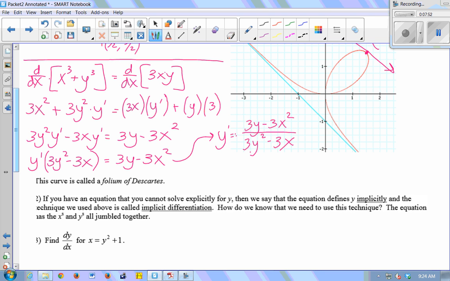So what I need to find the equation of the tangent line is y prime evaluated at the point 3/2. So plug in 3/2 for x and 3/2 for y. I'm kind of mixing notations here. So I'll get my calculator to do this for me.